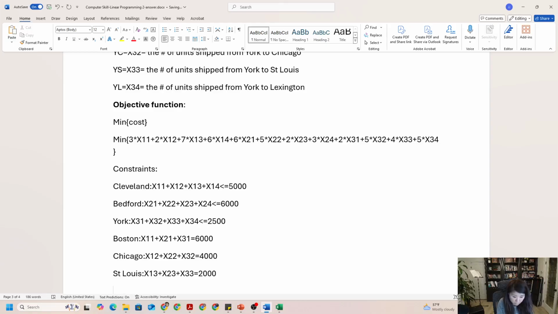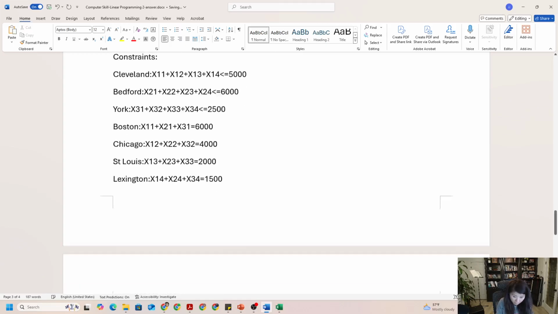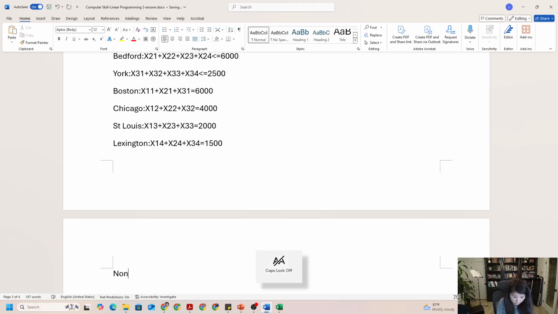The last station is Lexington. Their demand is x14 plus x24 plus x34. This one has to equal the demand, 1,500, and of course non-negativity: all the x have to be greater than or equal to 0.